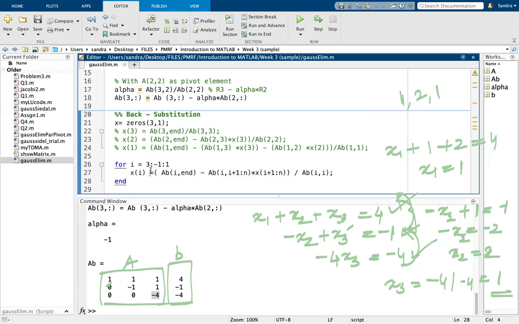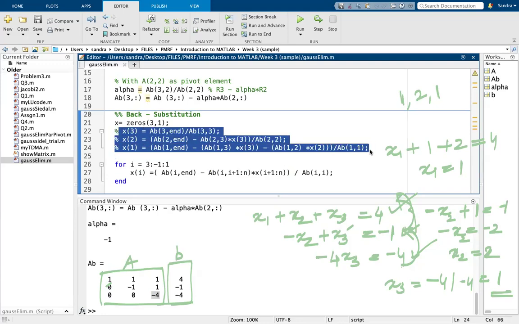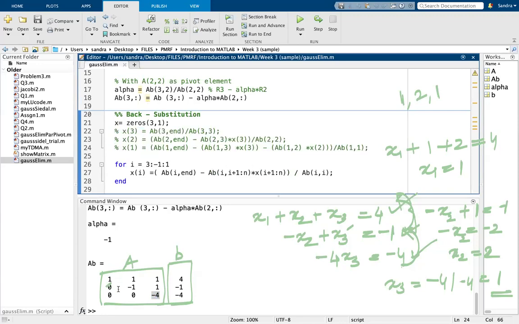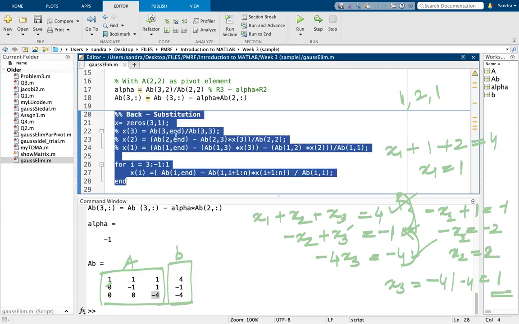If you have a doubt what this loop is doing, just take a screenshot and for every value of I, expand this formula. You will be getting exactly these lines, whatever I have commented. Now after doing back substitution, I'll just run this.